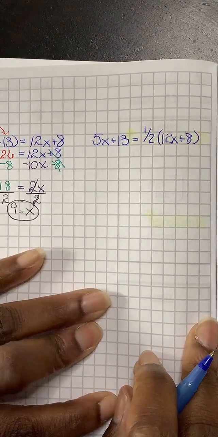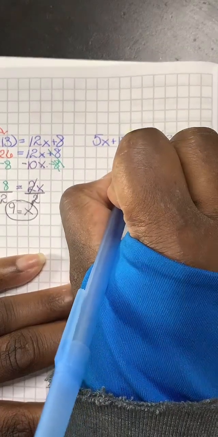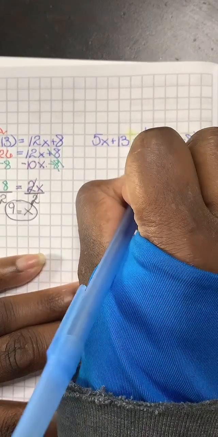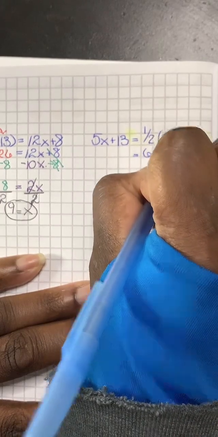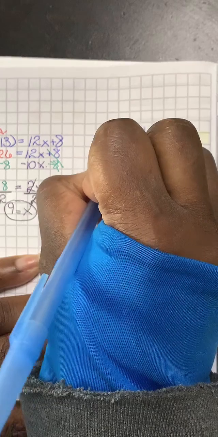If I wanted to do half the arc, this will give me 6x plus 4. Then I bring down my 5x plus 13.